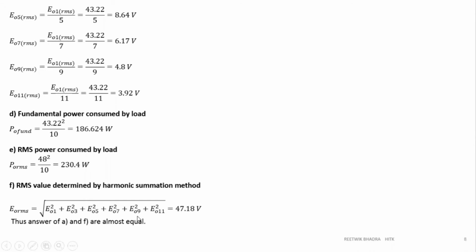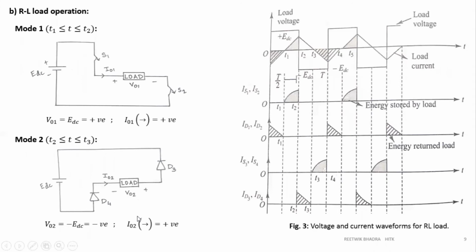So up to this, if you have any doubt, you can ask, or we will continue with RL load. Next is our RL load. Okay, so let's continue with our RL load operation. Now in RL load, there will be 4 modes of operation, because the inductor is a charge storing element.